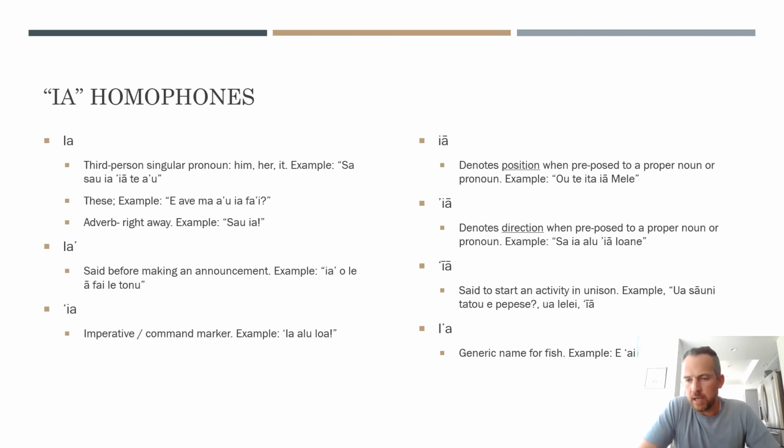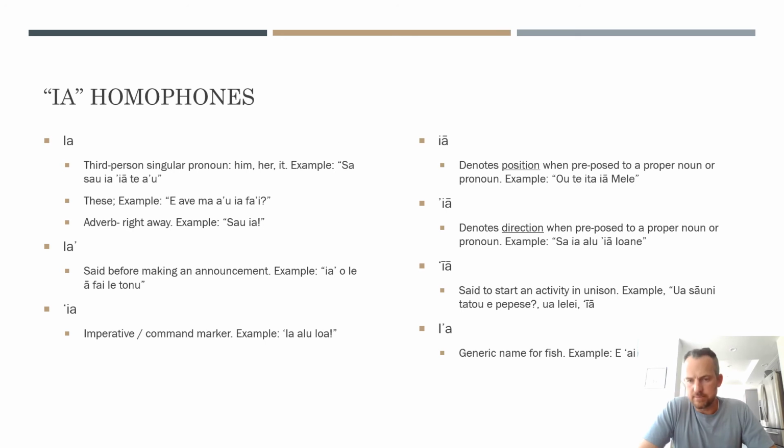And so the example I have here is "ua sauni tatou e pepese." Ua is a tense marker. Sauni means prepared. Tatou is a pronoun for all of us. E, again, is a tense marker. Pepese is a verb, to sing. So the first part of this phrase is the question, hey, are we all ready to sing?